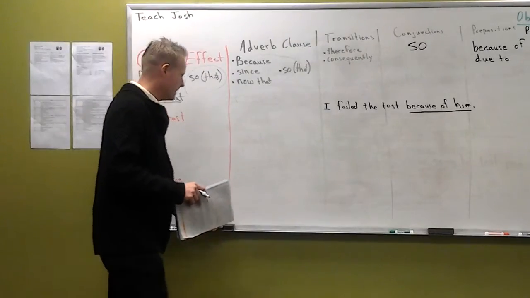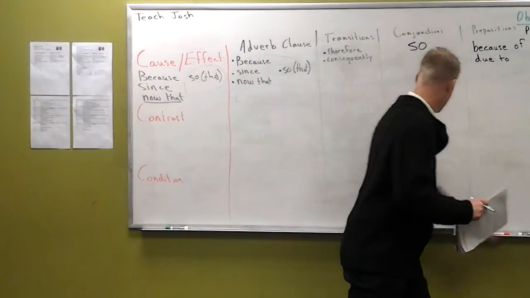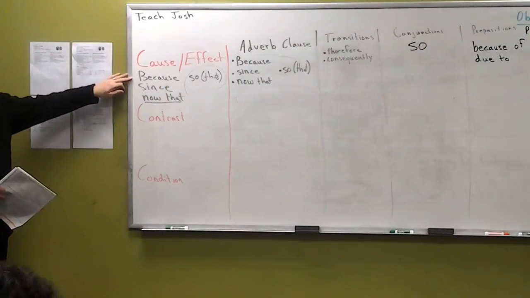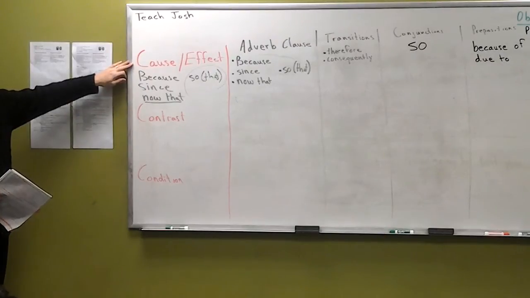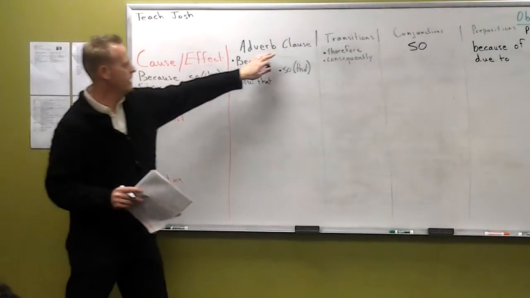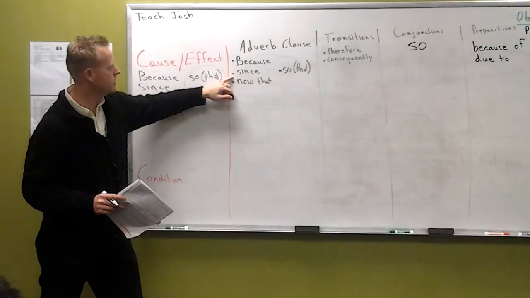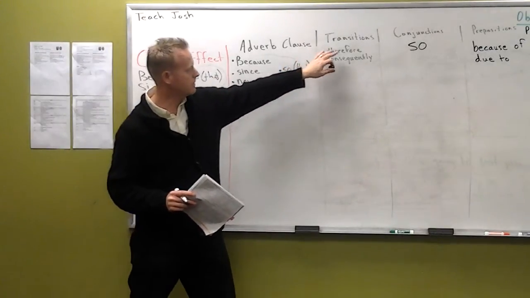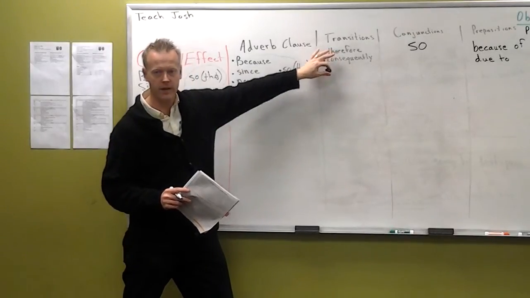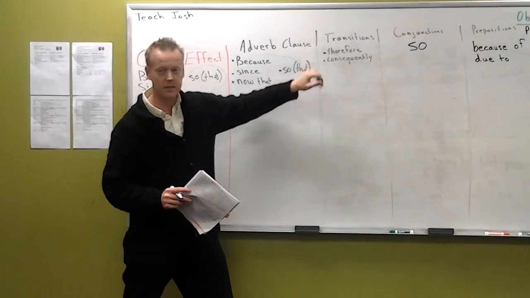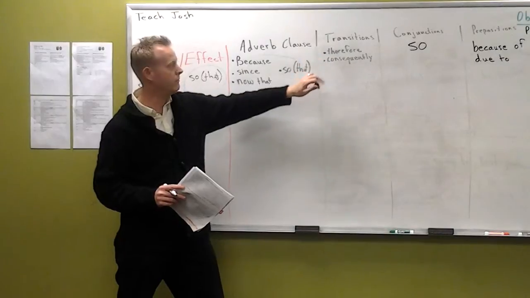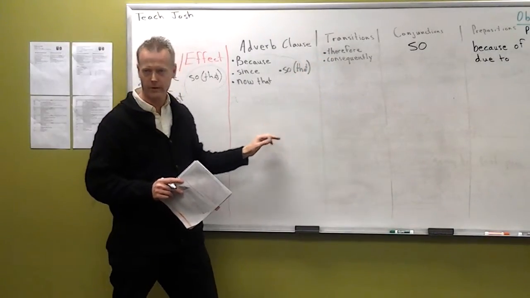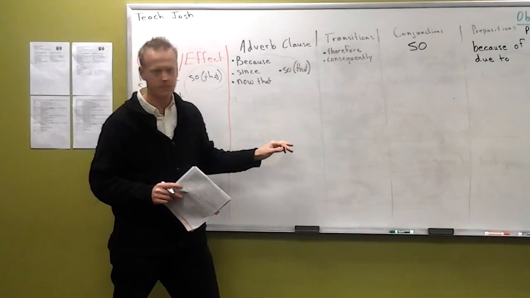All right. So we just learned about 10 different ways that you can talk about cause and effect using an adverb clause with because, since, now that, and so that. We talked about how you can create a cause and effect in a sentence using transition words like therefore and consequently, and how they can move around in the sentence and how to punctuate it.